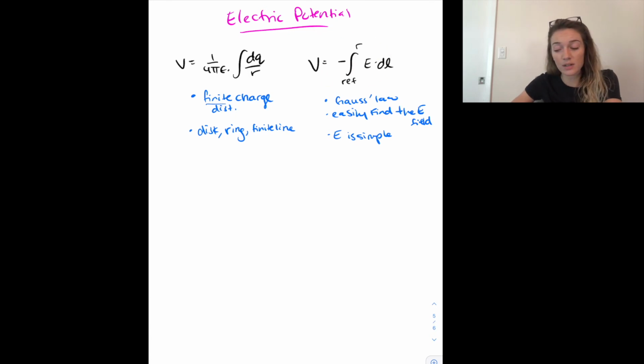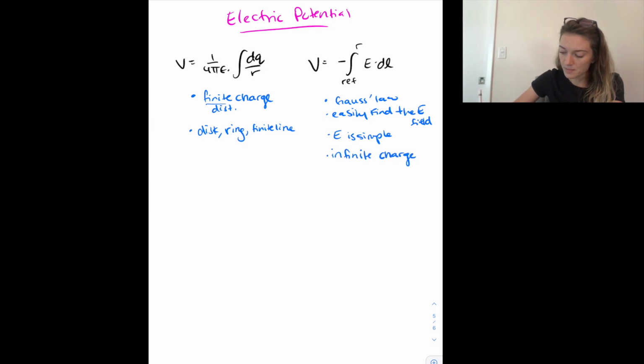Another time that you would want to use this method is when you have an infinite charge distribution. So if you have an infinite line or an infinite cylinder, that would be when you would want to integrate over the electric field, because you can't use the other method.